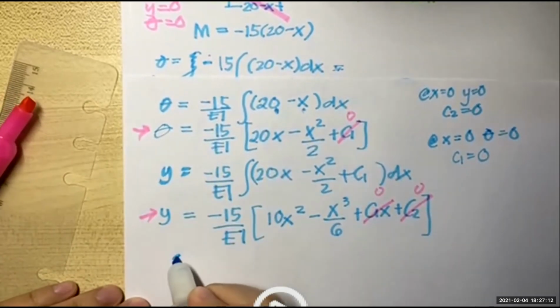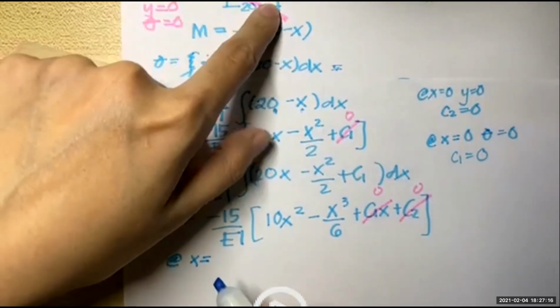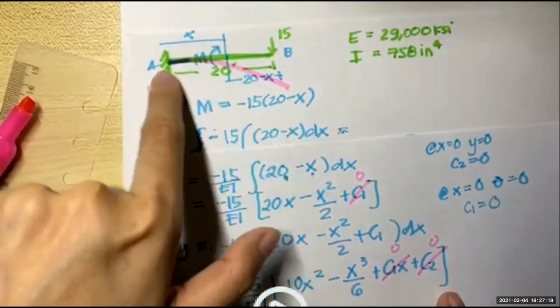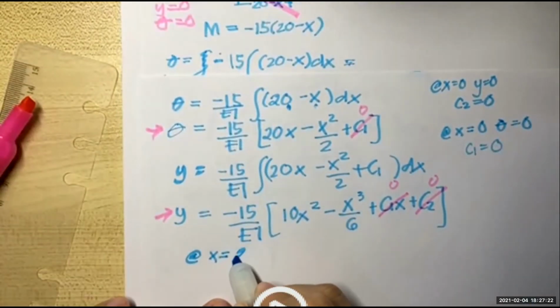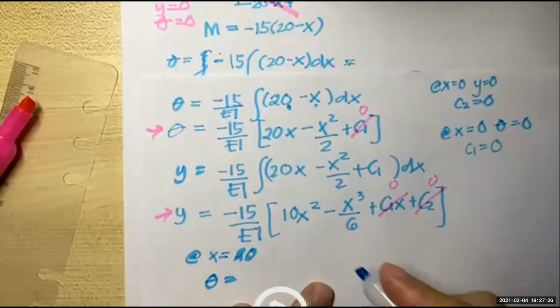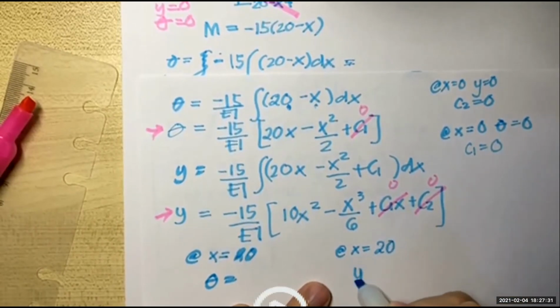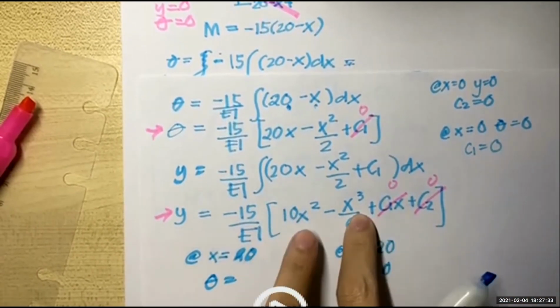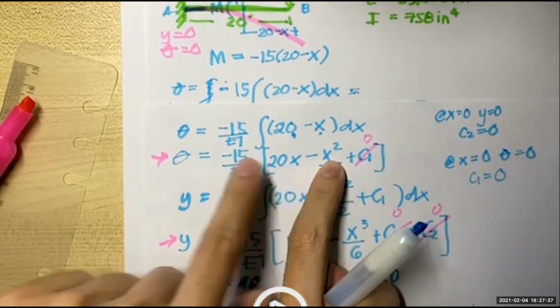Now, the question asks about the free end. At the free end, x is equal to 20. So at x equal to 20, compute the slope and y. Substitute x here to get y, and substitute x here to get your slope.